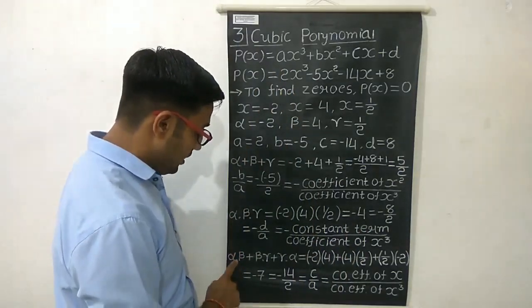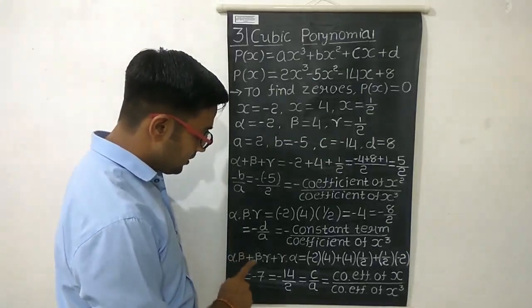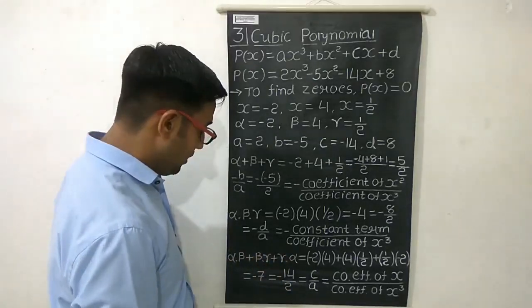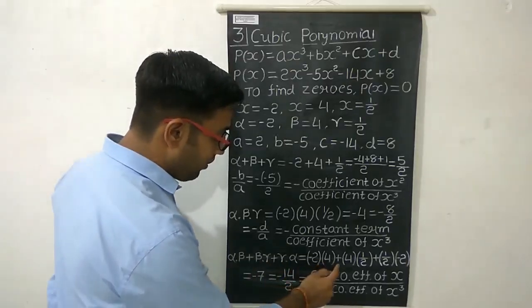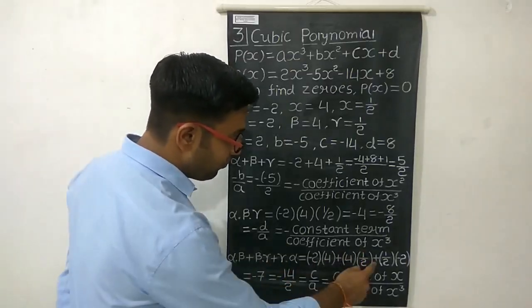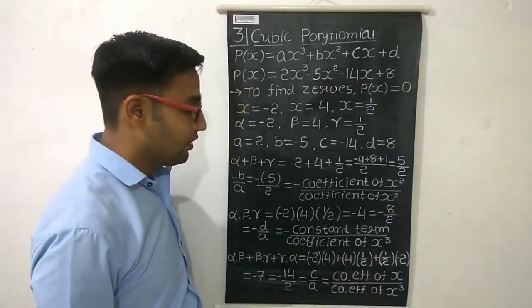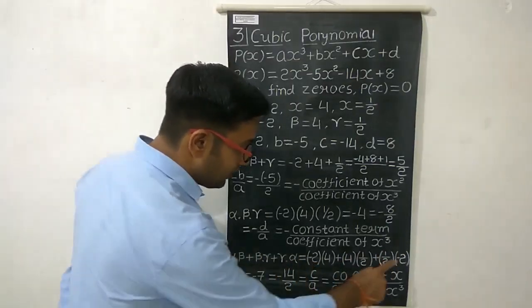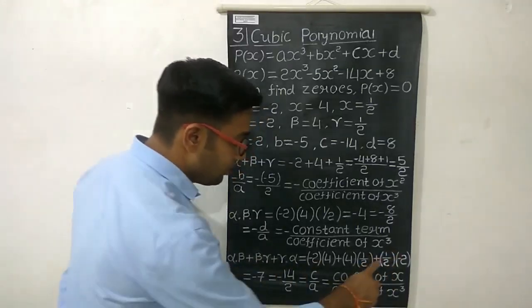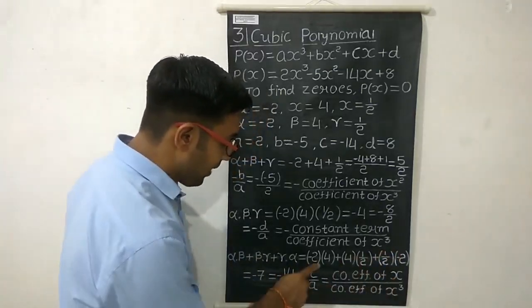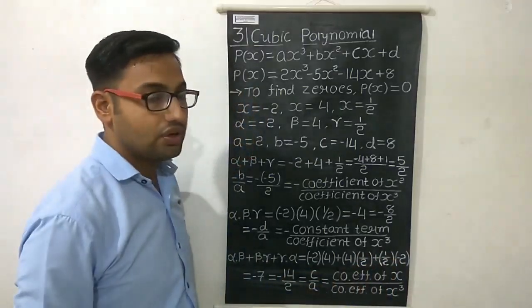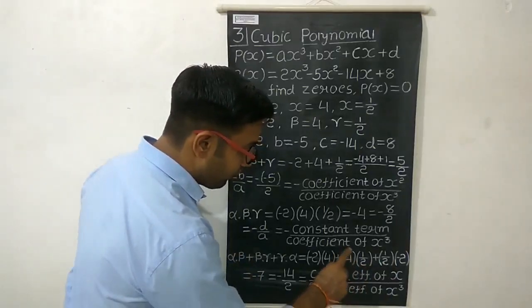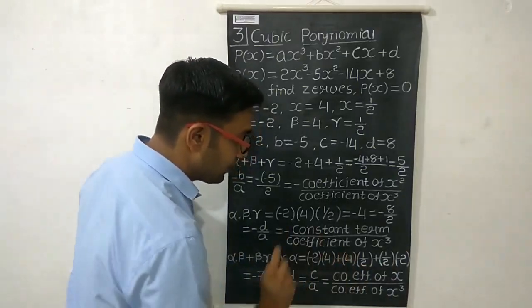The third relation is alpha into beta plus beta into gamma plus gamma into alpha. Here we get minus 2 into 4 plus 4 into 1 upon 2 plus 1 by 2 into minus 2. What we get here is minus 8, then the 2 and 2 cancel each other and minus 1 remains. So minus 8 minus 1 total is minus 9, and here the 2 and 4 cancel, so plus 2 remains.